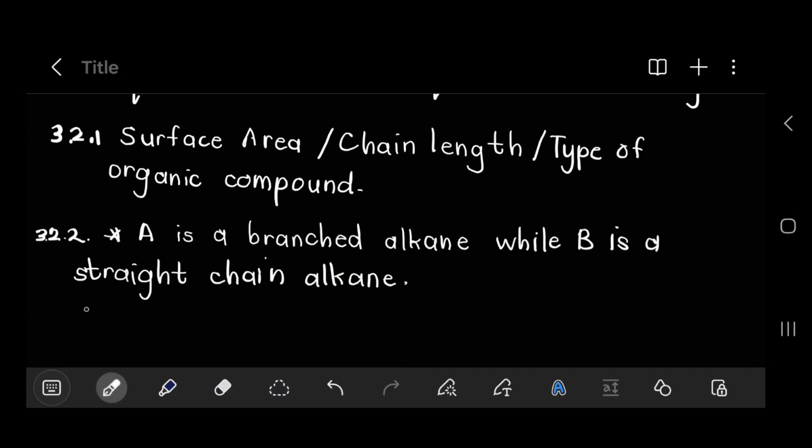Now, you can either choose to go ahead and talk about compound A or talk about compound B. I'm just going to speak about A here. Since A is branched, we know that it's going to have a smaller surface area. Okay, so it becomes more spherical. So we can say compound A has a smaller surface area.